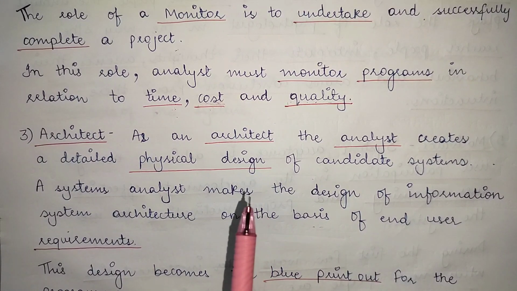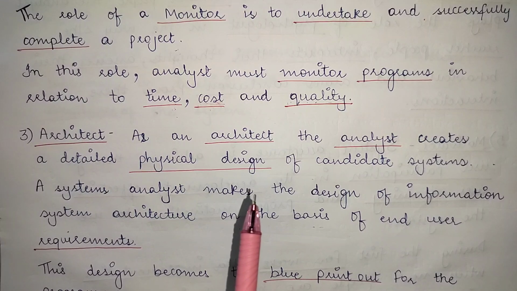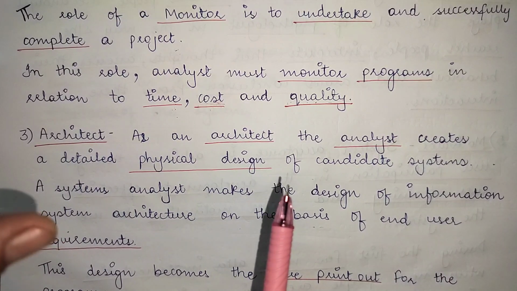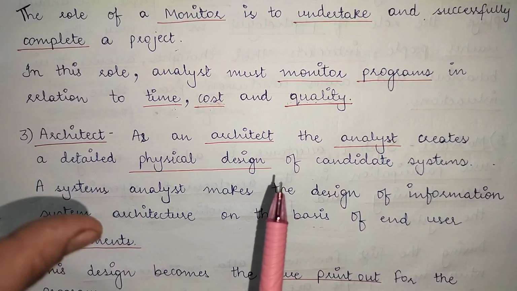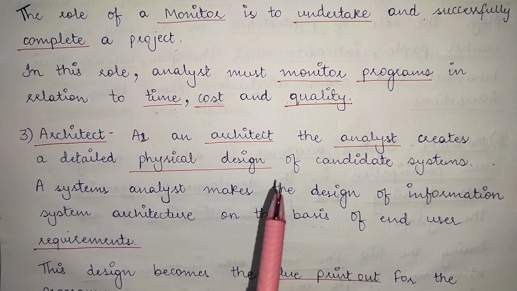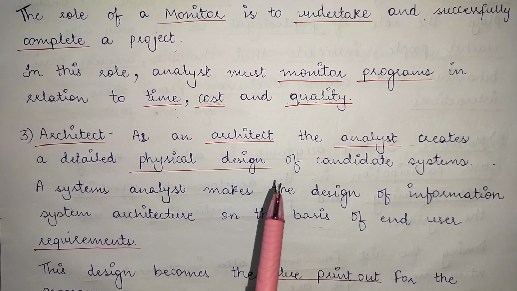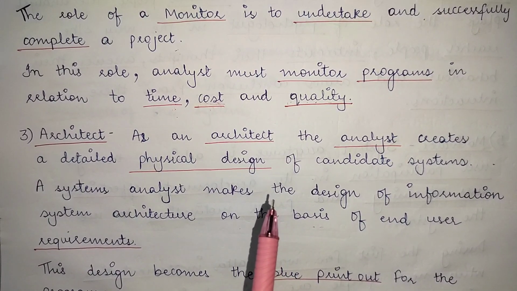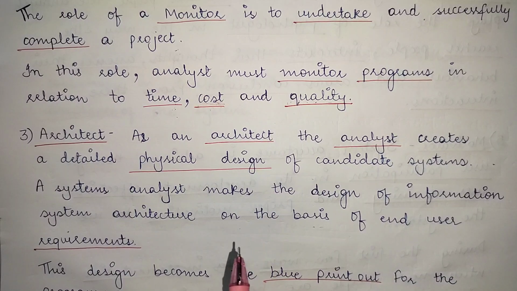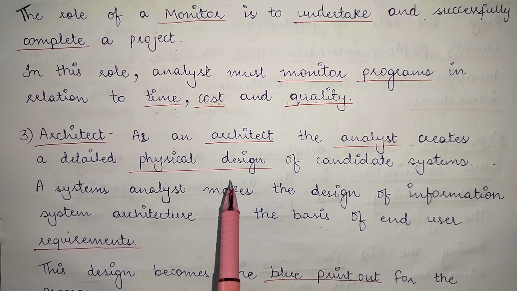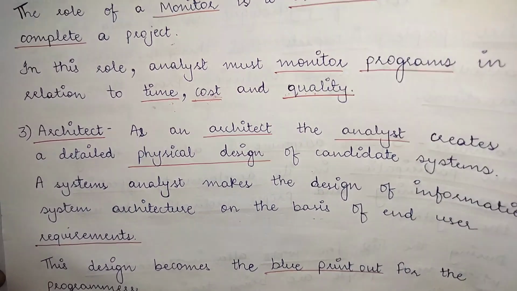Similarly here, the system analyst creates a physical design of the final candidate system as per the user requirements. For different users of different organizations, this design will vary, and it will work as a blueprint for the programmers who will actually implement this candidate system. For that reason, we say that an analyst also plays the role of an architect for any organization.